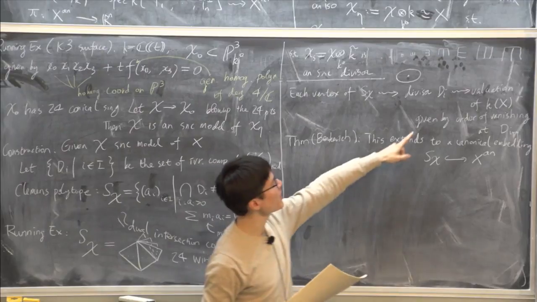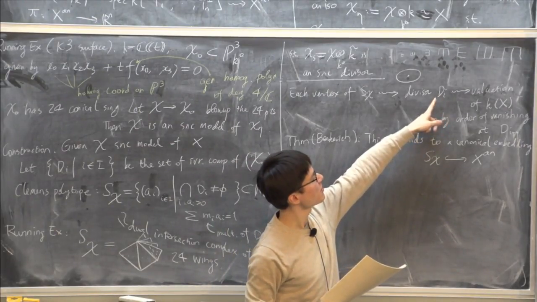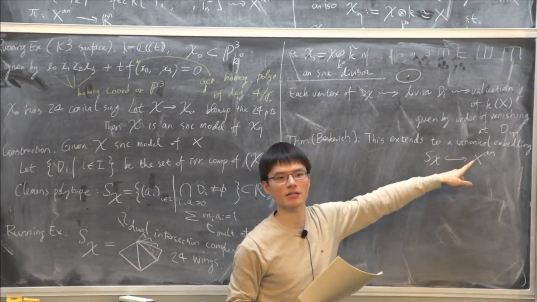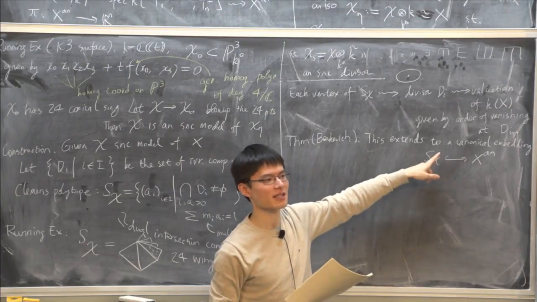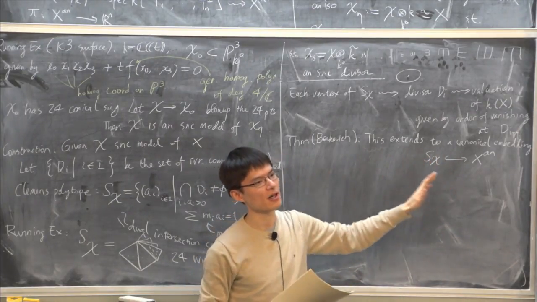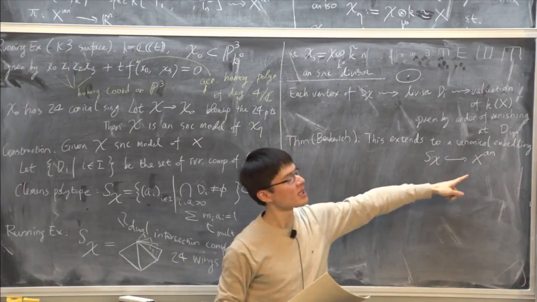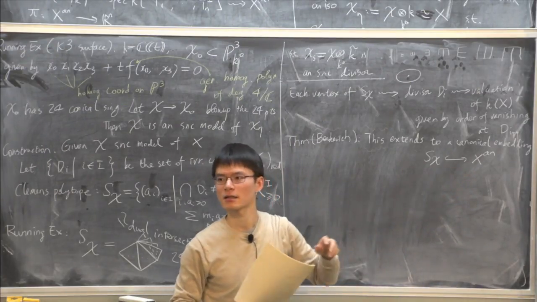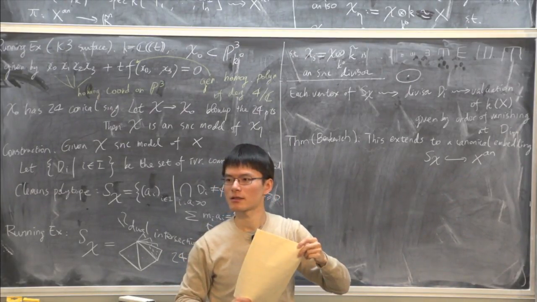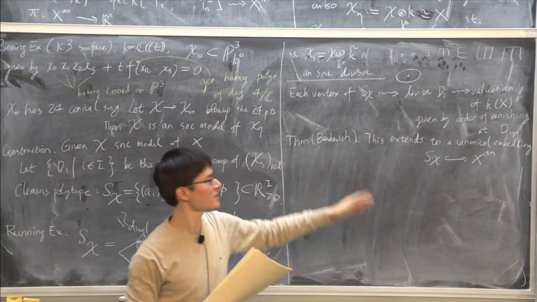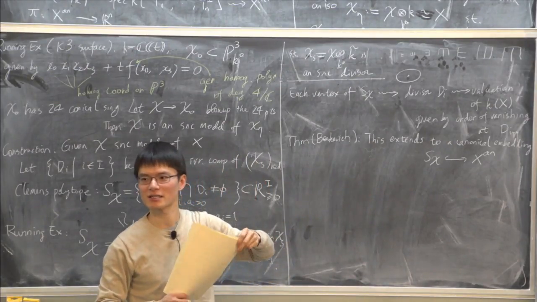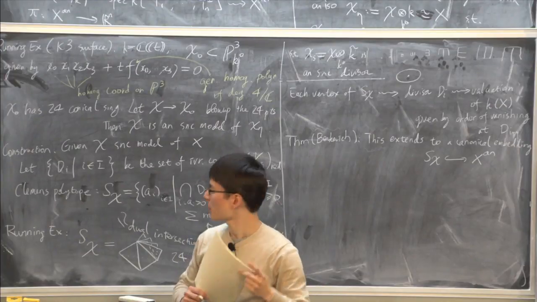So here we already know where each vertex goes, and Berkovich says that actually we can embed the full Clemens polytope into the analytic space. But that's not very surprising, when everything's worked out.